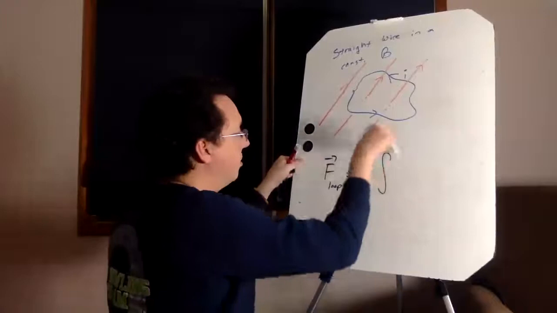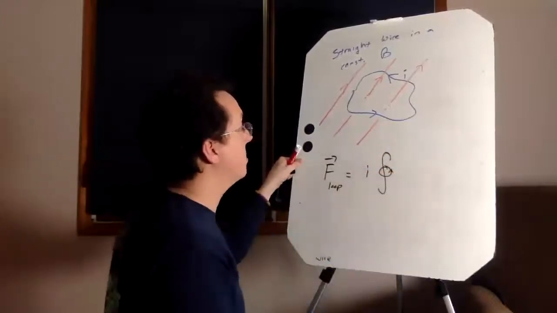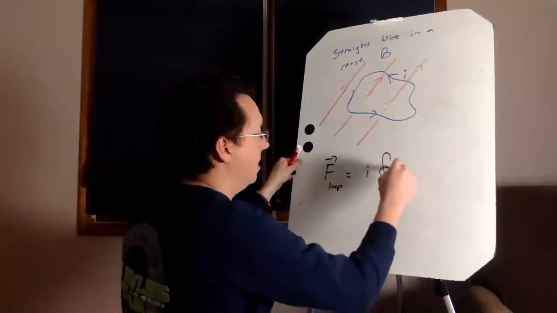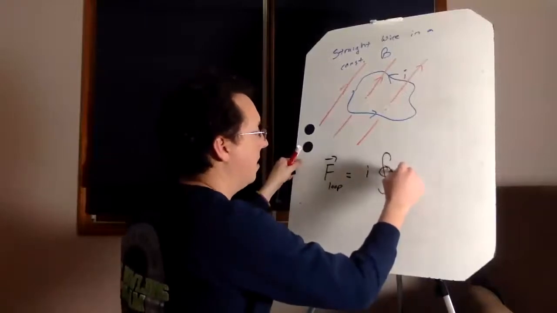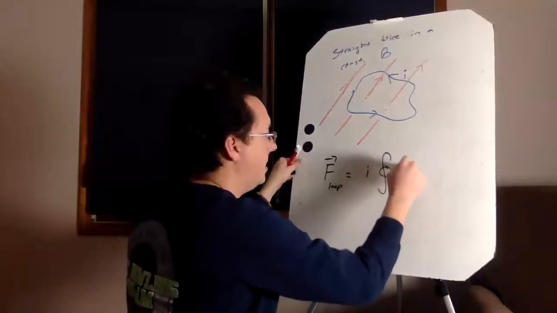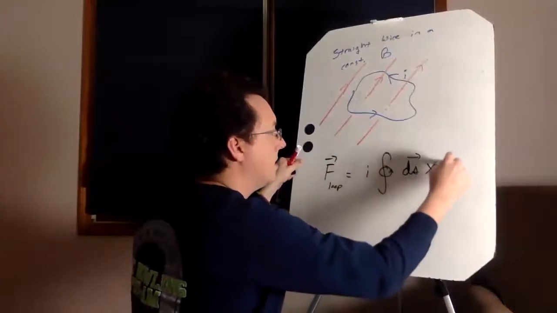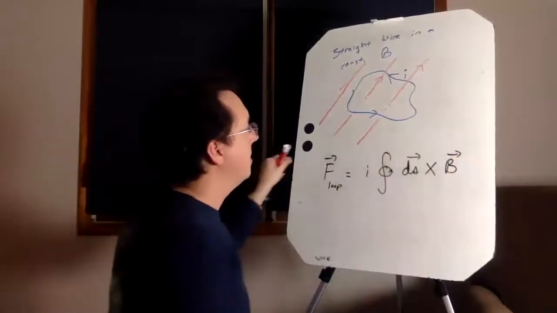Now it's a closed path, so my integral is going to be a closed integral, and it's an orientable path of ds vector cross magnetic field.